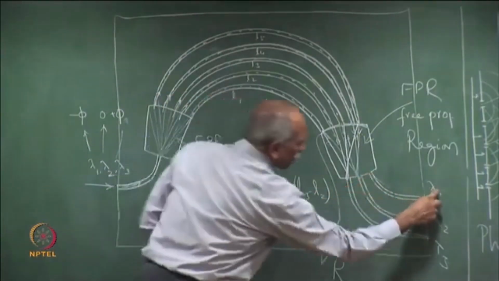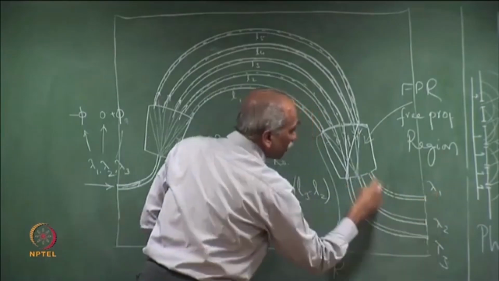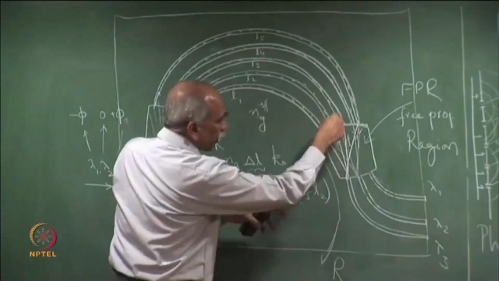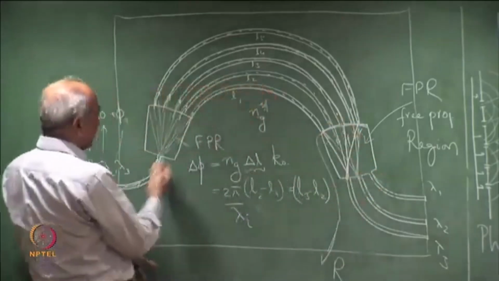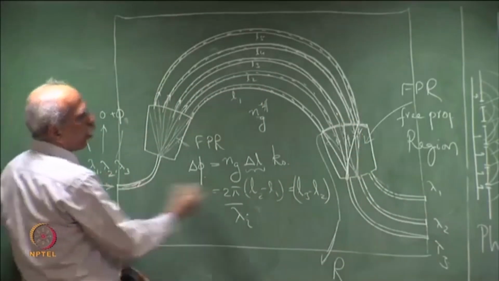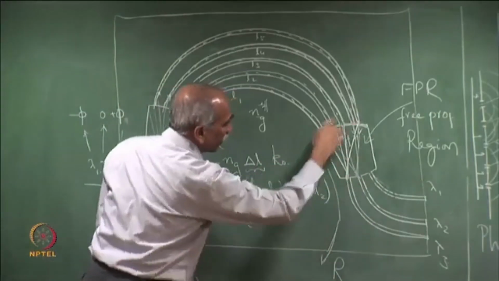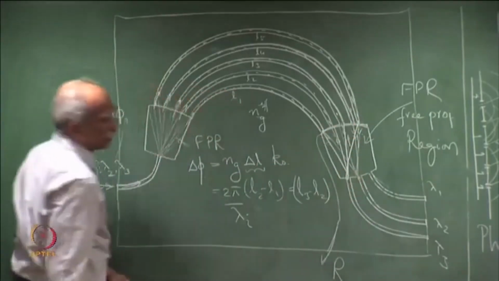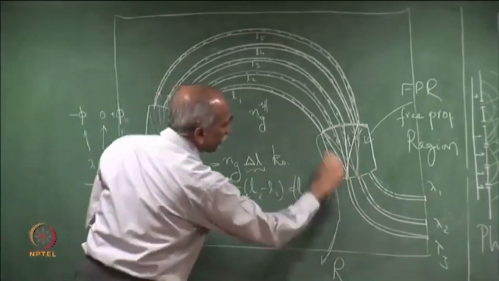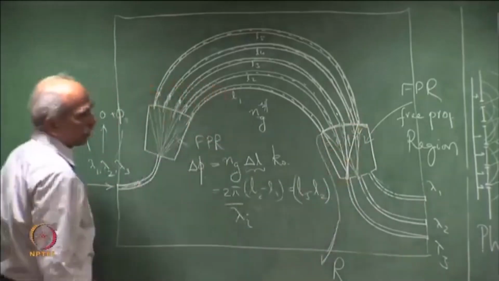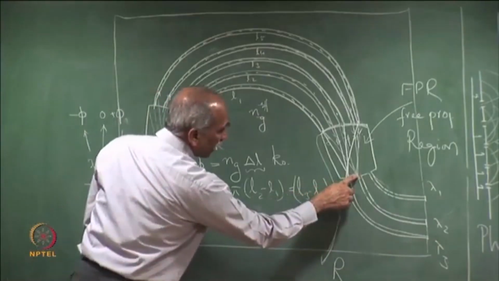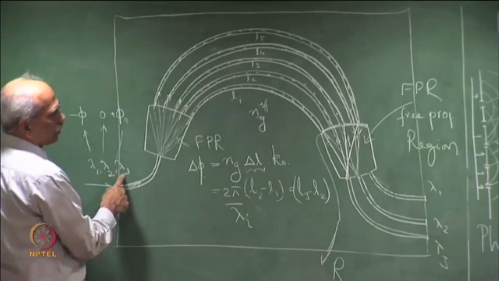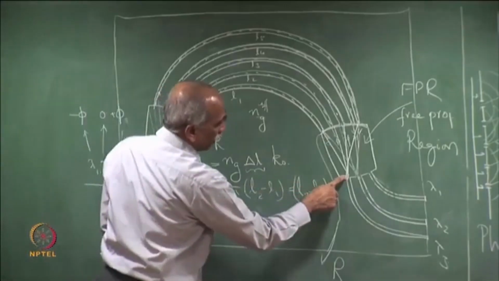So, that lambda 1 comes out of this, because there is a constant phase difference, therefore, it does not come straight, it comes at an angle. At the center wavelength lambda 2, all of them focus at the center of this radius of curvature. And at the third wavelength lambda 3, all of them focus here.